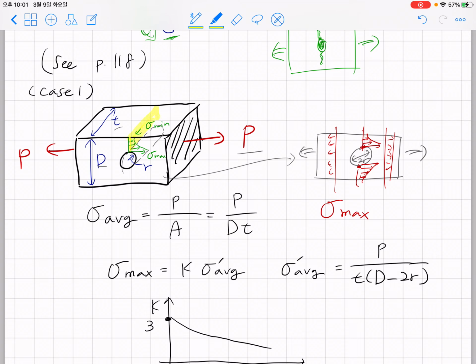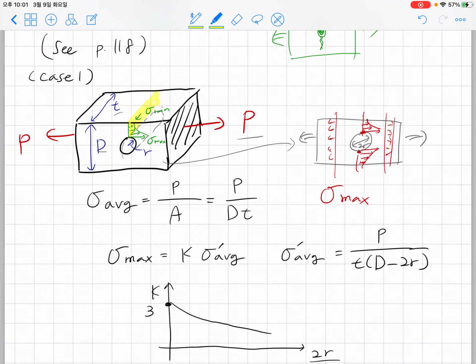This plane, I would say average, the thickness is T, but height is D. This is D minus 2R. So effectively these two planes, this area and this area, this cross section has the overall area of T times (D minus 2R).